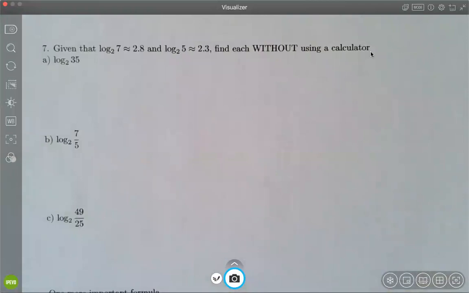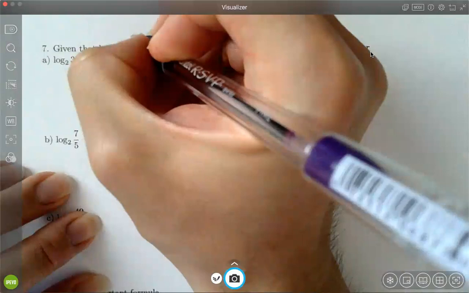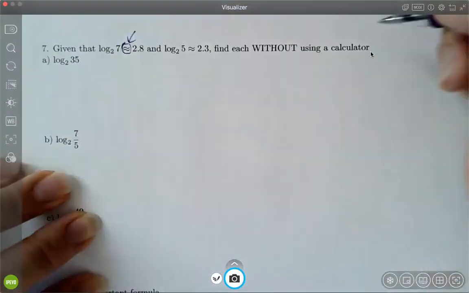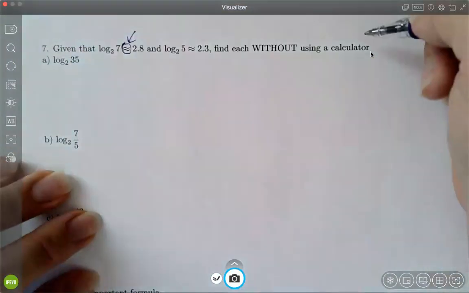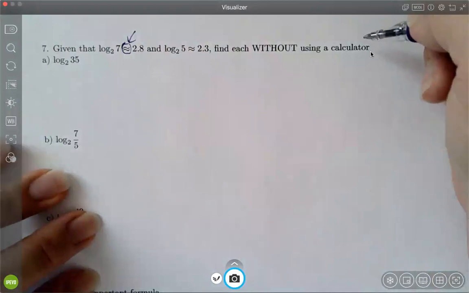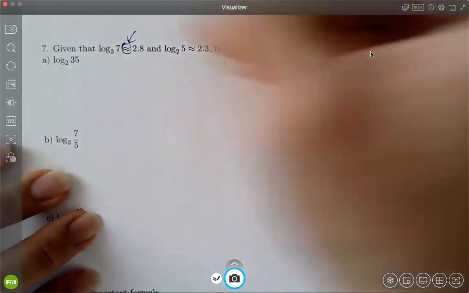But what does that little symbol mean? Hopefully you have seen this symbol before because it's quite popular. What does this symbol mean? About or approximately equal to, right? Remember that?